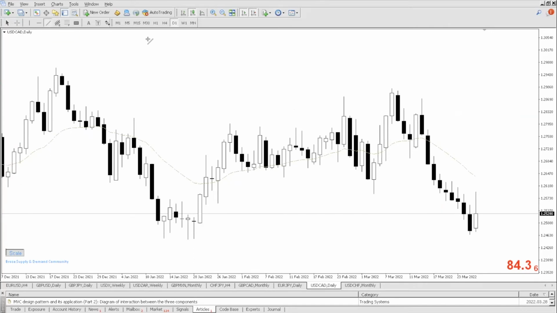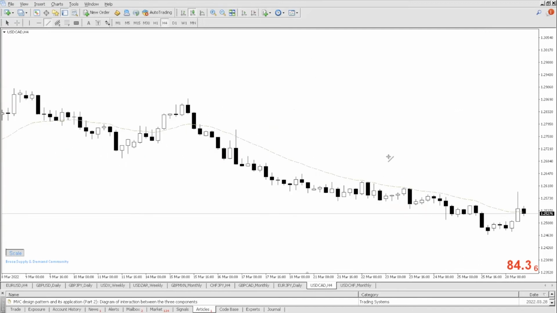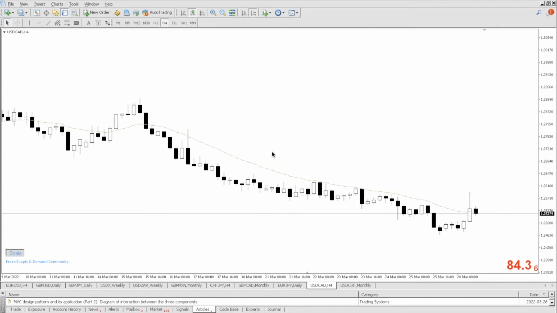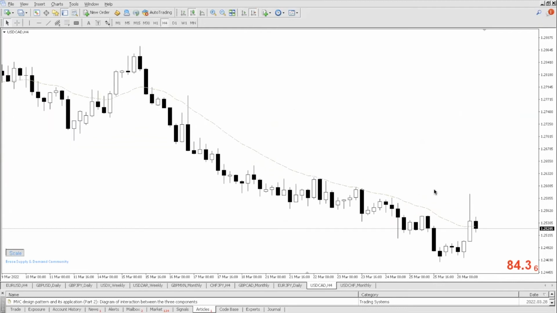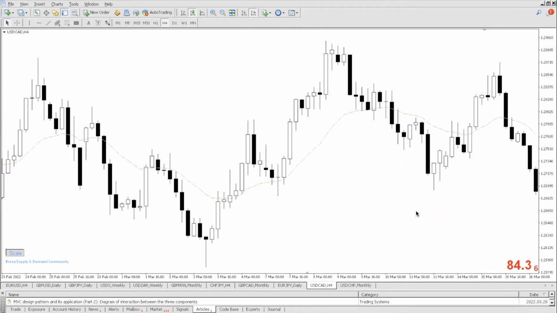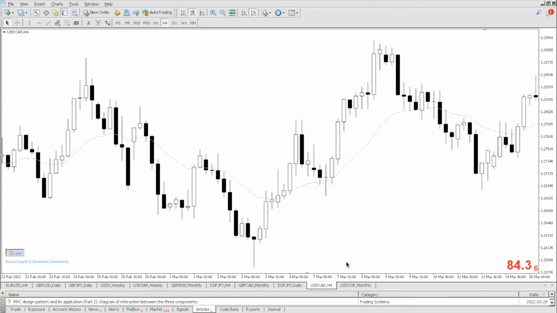Where are they in this pair? The scaling is not good, but I'm not going to scale it. All right, let's look here.